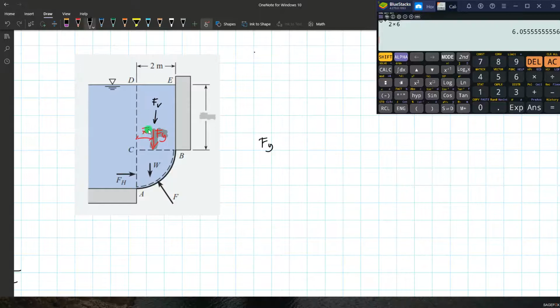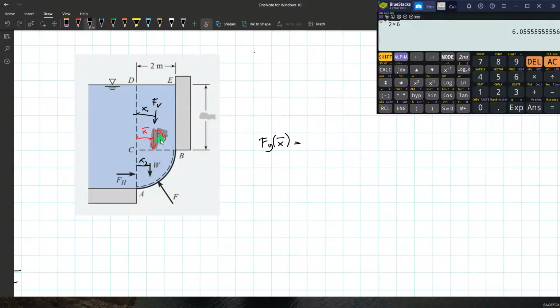If the distance required to locate the total force Fy is bar x, we will just multiply that to Fy and equate that to the sum of the products of the two forces Fv and its equivalent distance, as well as W with its distance.